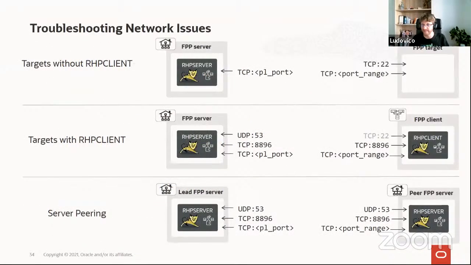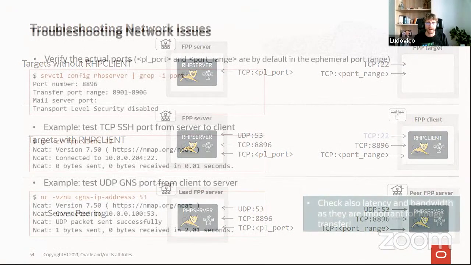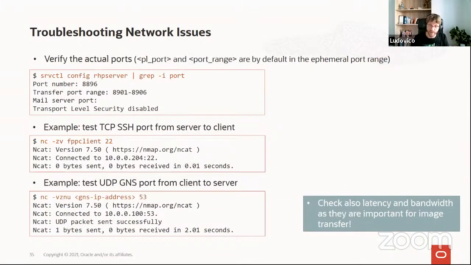In case it's a networking problem, the documentation has a table that explains which ports must be open in which condition: a target with client, a target without client, or server peering, where you put two FPP servers in communication. I suggest you do all the network checkup and see if all the ports are open.